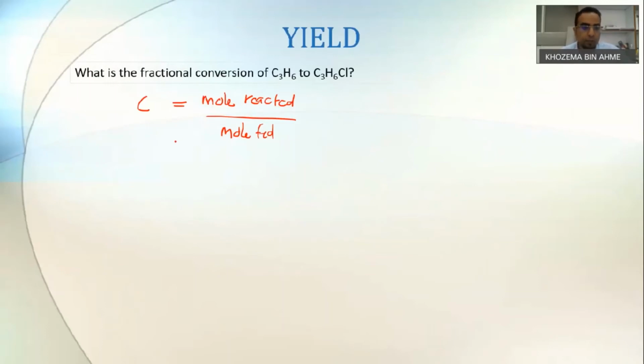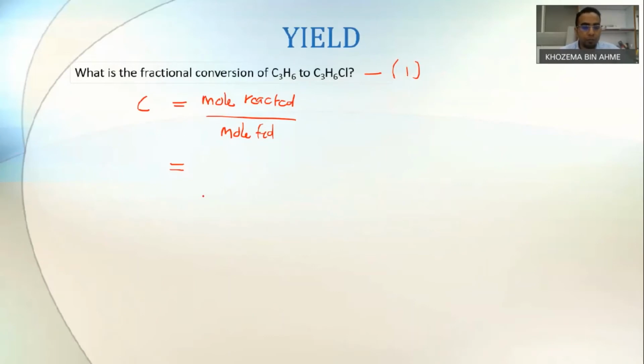So to find the fractional conversion, we need the mole of C3H6 reacted. This is referring to equation 1, because only in equation 1 are we producing our chloropropane. In equation 2 we are actually producing dichloropropane.